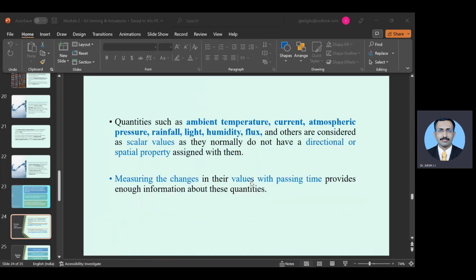So the next one is quantities such as temperature, current, atmospheric pressure, rainfall, light, and humidity. All these parameters come under the scalar process of measuring, and are considered scalar values. Then measuring the changes, what will happen? Just as we talked about temperature, the same way you can see atmospheric pressure when there is rainfall.